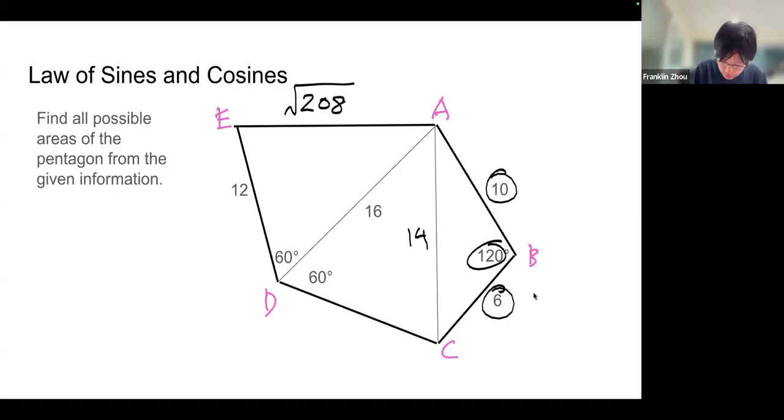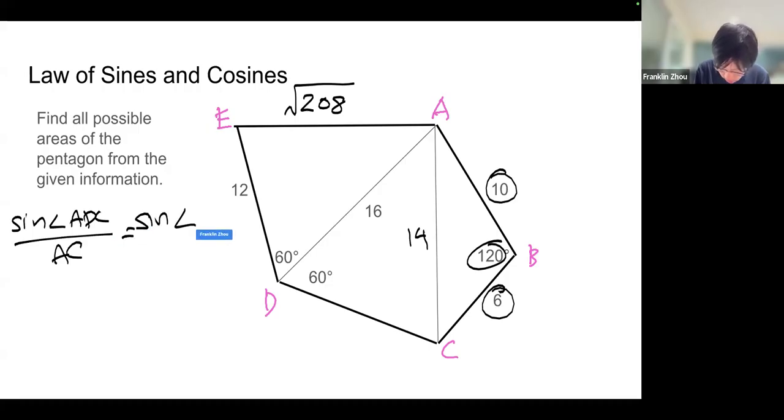So recall that law of sines states that the sine of angle ADC, and after this, we can find the sine of angle ACD.